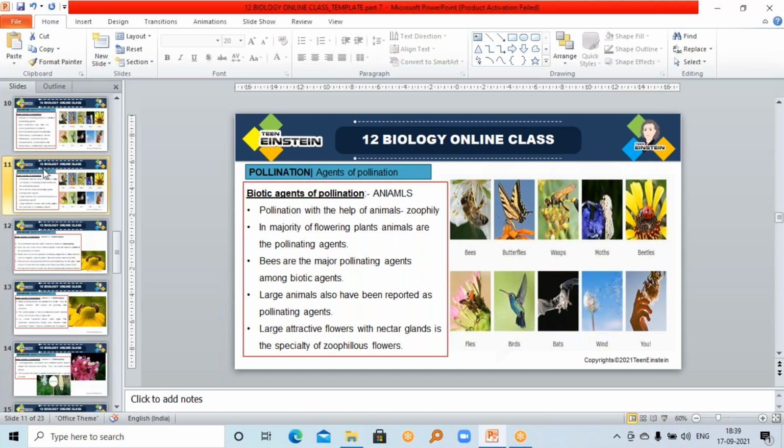In the majority of flowers, animals are the pollinating agents. Bees and large animals all come under this, and all of these have been reported as pollinating agents.